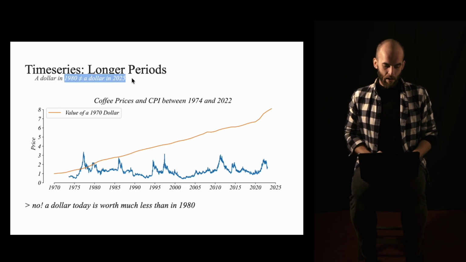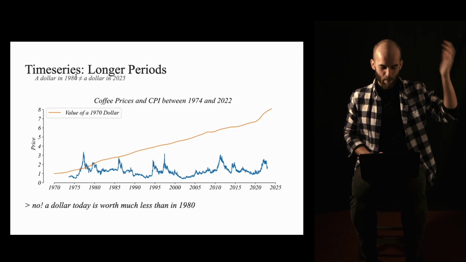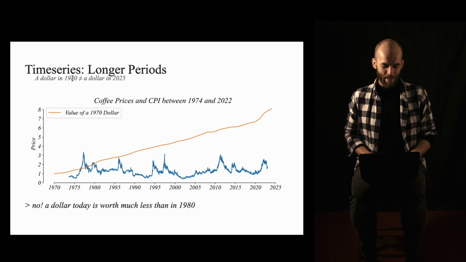So we generally say the value of a dollar in the past is not the same as the value of $1 today or last year. So here what I've done is plot the original sequence, so this is all of the prices. And then I've plotted the value of $1 in 1970.